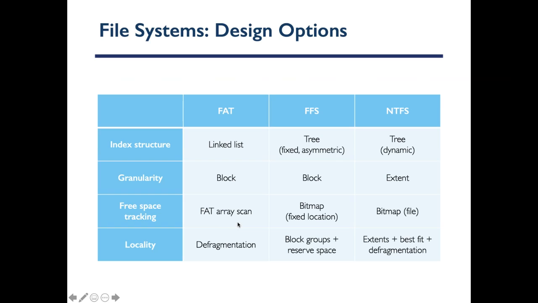For free space tracking and management with FAT, we saw you always have to scan your entire FAT array. With FFS, you store a bitmap for each group in a fixed location. And then with NTFS, as we saw, you still have a bitmap, but this one is in a file.